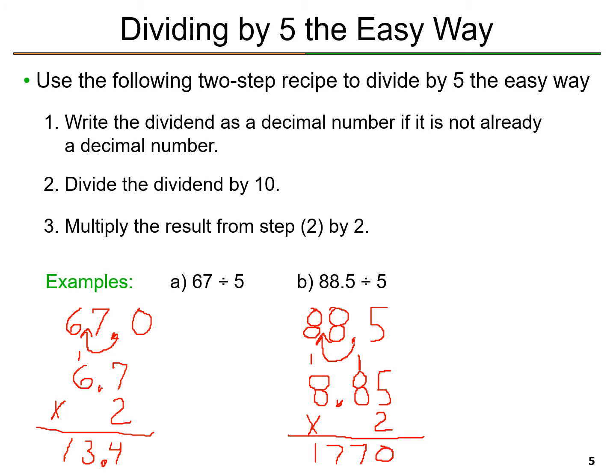So in this number here, 1,770, again, that's the same as just adding a 0 here. We're going to move the decimal point to the left 2 places, 1, 2. And the answer is 17.70, or just 17.7 if we're not worried about precision. And that's all it is to dividing by 5 the easy way. So let me go ahead and erase all of this.